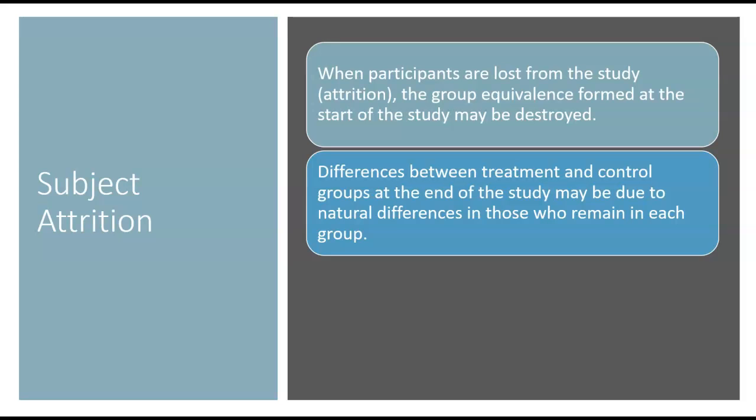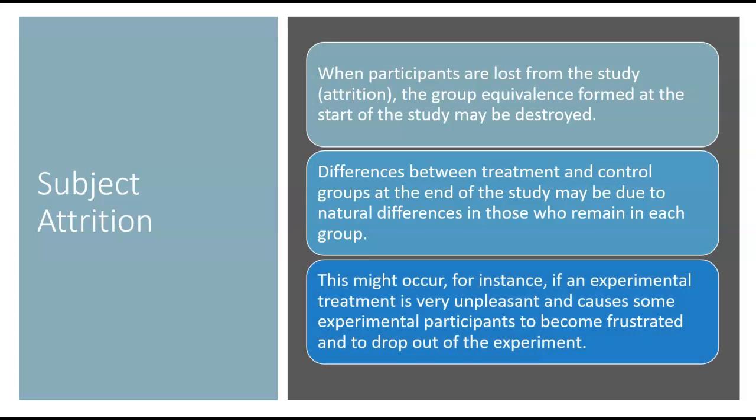And that creates a great deal of trouble. The difference between the treatment and control group could have been due to naturally occurring differences in who sticks in the study and who doesn't. So it just adds additional potential causal variables to your situation. For example, this happens fairly often in workplace health interventions.